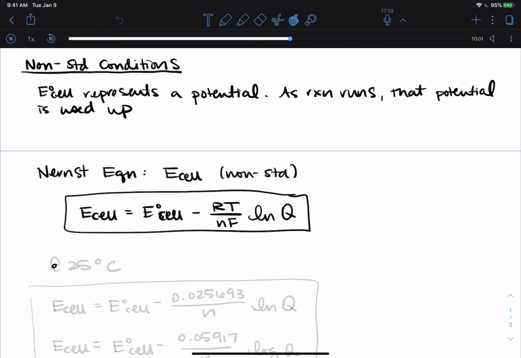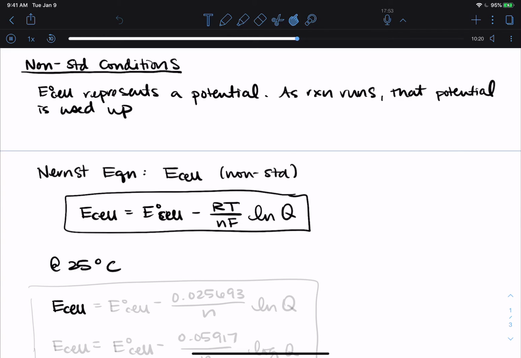Just like we did before, if you are at 25 degrees C with the temperature plugged in, and the two things that are constant that don't actually change, we have a Nernst equation that's just a little bit easier to deal with.